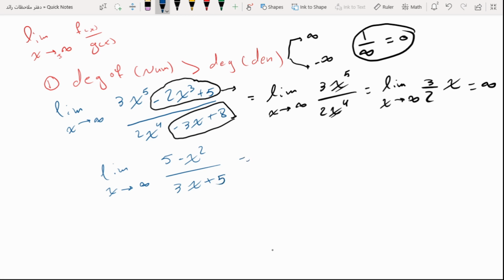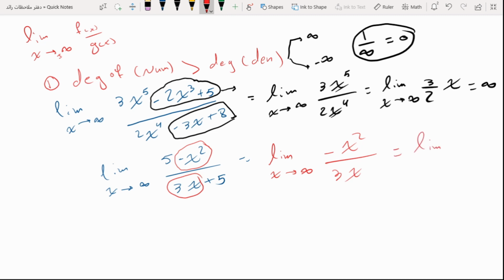We will take just the highest degree, so it will be limit as x approaches to infinity. طبعا be careful, take the highest degree with the leading coefficient يعني العدد المضروب بالأس الأعلى مع الإشارة with the sign. صار عندي negative x to the power of 2 over 3x.